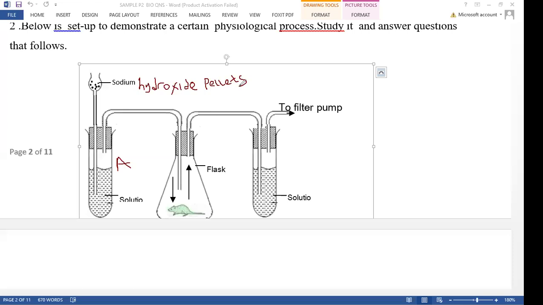But in this one, there is no way we can show that the carbon dioxide was initially within this organism and has moved to this boiling tube. But we can conclude that the respiration that occurred within the mouse led to the production of the carbon dioxide that we are observing there. So if we had a gas at that mouse and we detected its movement from that point to another point, that is when we could say it's gaseous exchange that is occurring.